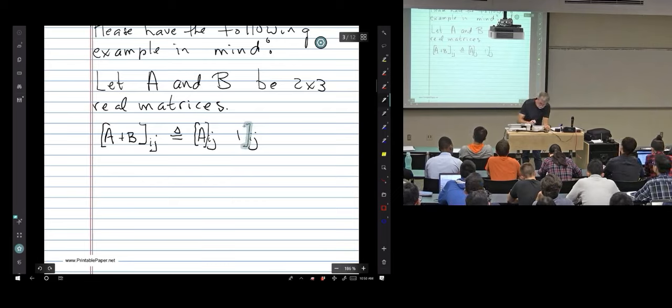Let me rewrite it more smoothly, and then you'll be able to write it down: plus, then I do the ij element of B.